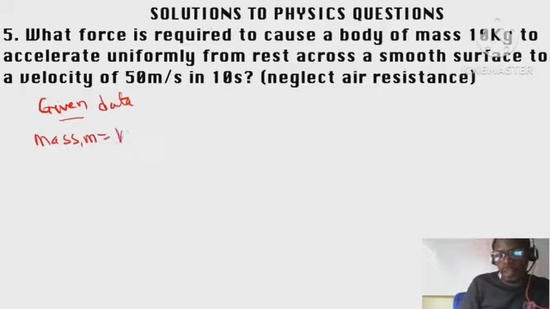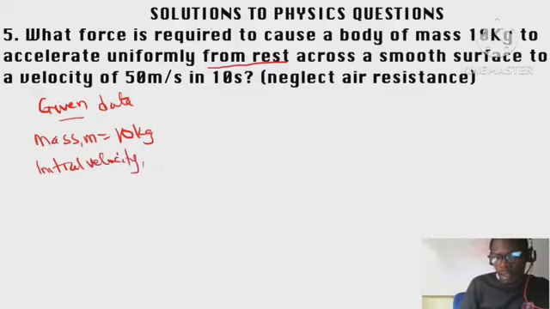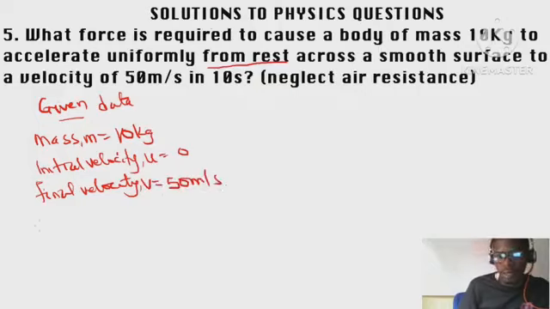Mass of the body is 10 kilogram, and it accelerates uniformly from rest, meaning that the initial velocity u equals 0, across a smooth surface to a velocity of, that means the final velocity, v equals 50 meter per second, and the time is equal to 10 seconds.